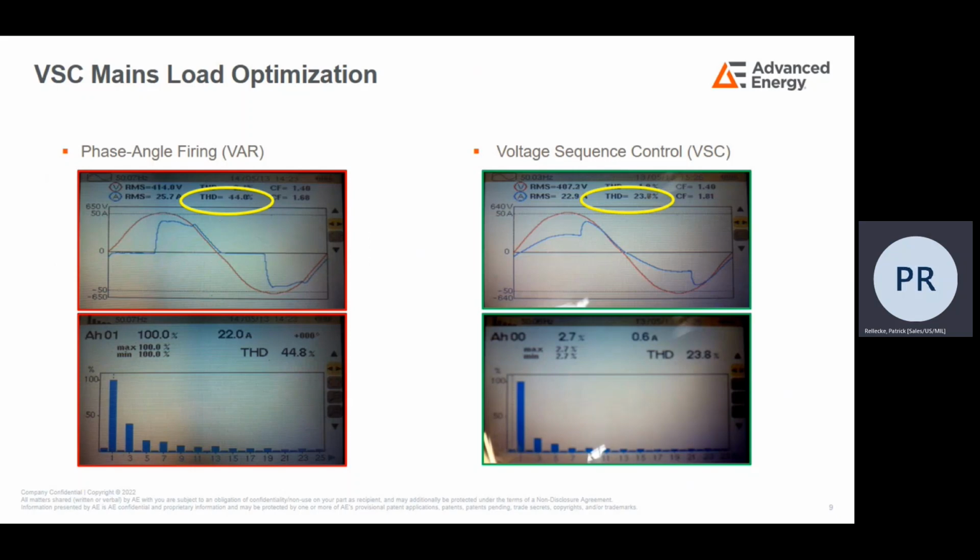This is a captured screen of an analyzer that measured the total harmonic distortion between the two operating modes. For phase angle firing, we had a total harmonic distortion at around 44%, whereas in voltage sequence control, we were only at 23%.